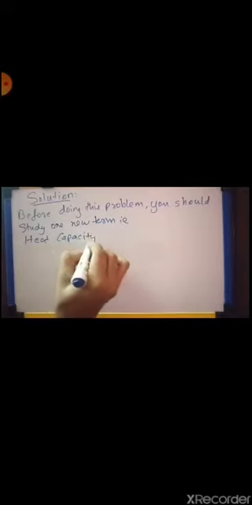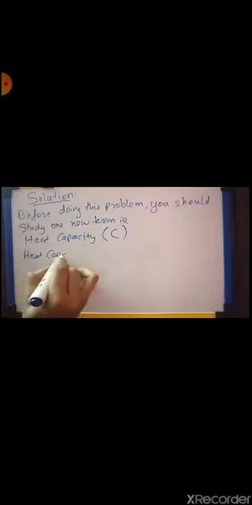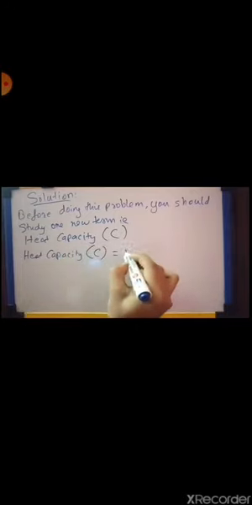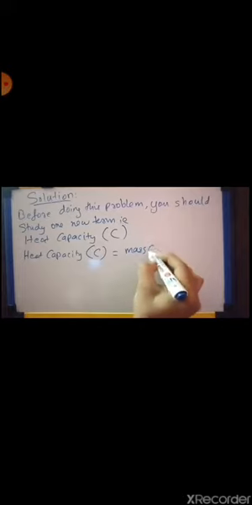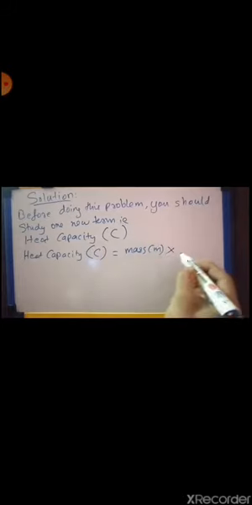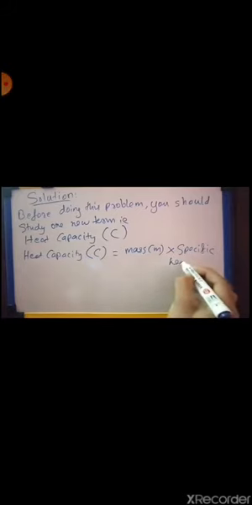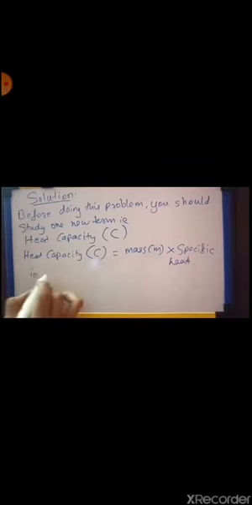Heat capacity is denoted by capital C. Heat capacity is nothing but the multiplication of mass and specific heat. Heat capacity C is equal to mass M into specific heat Cp. Capital C is equal to M into small c.